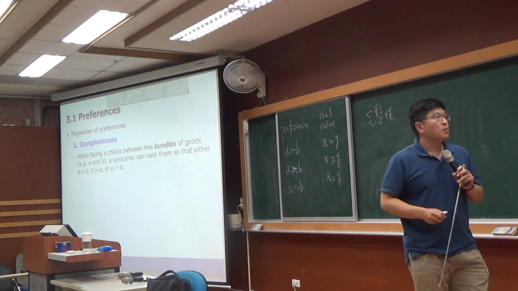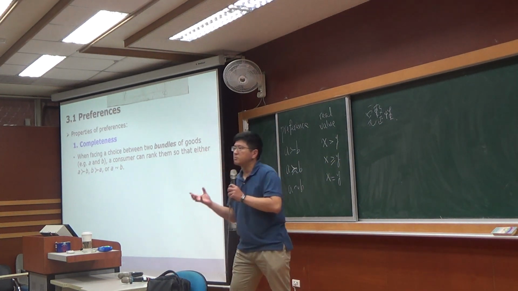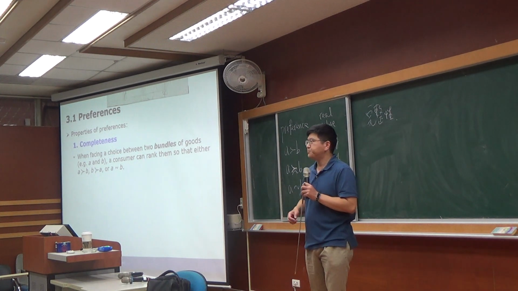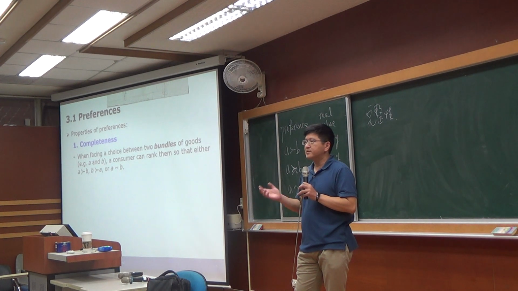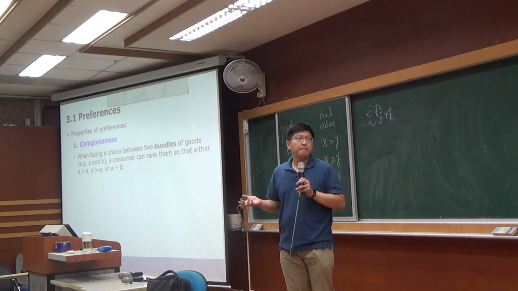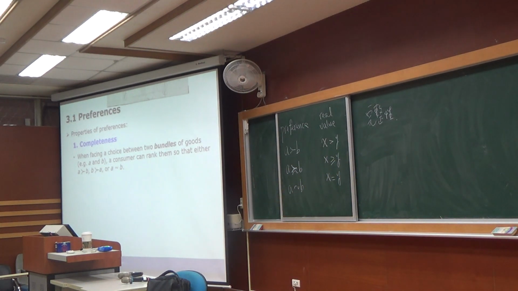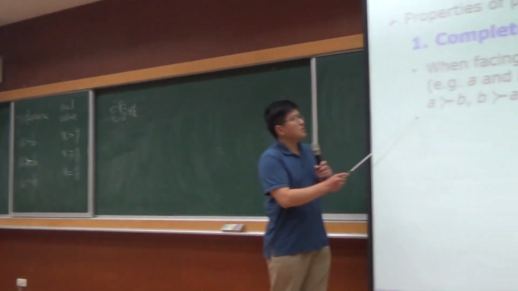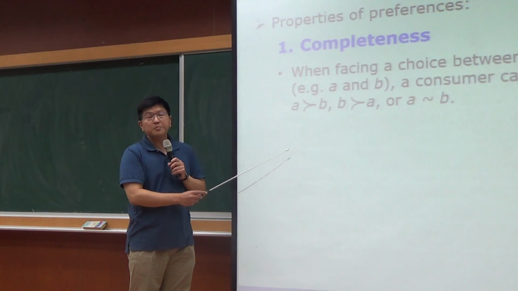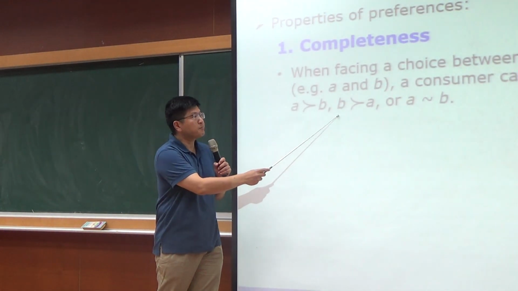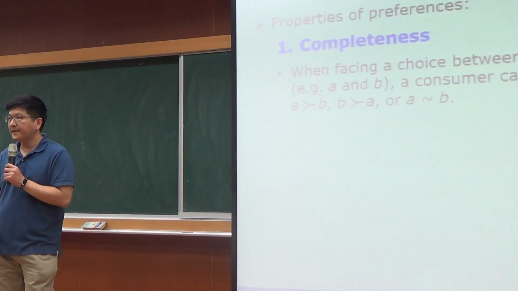Completeness. What does completeness mean? When there are two goods or two bundles of goods in front of you, you may decide which one is better, which means you may instantly decide whether A is preferred to B. You like A more than B, so you prefer A to B, or you prefer B, or they are indifferent to you, right?